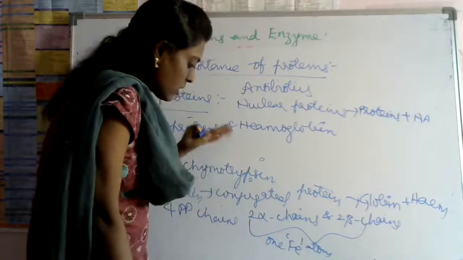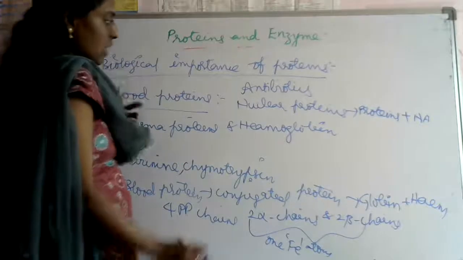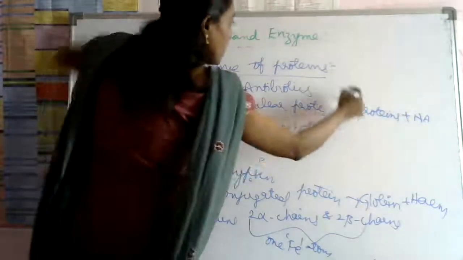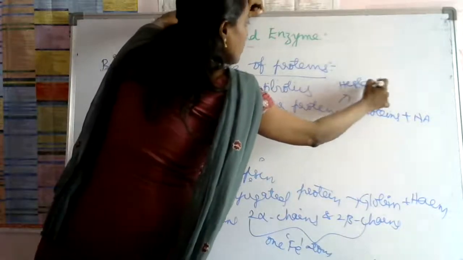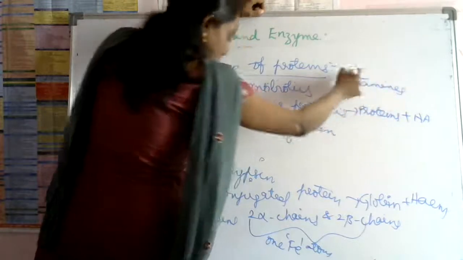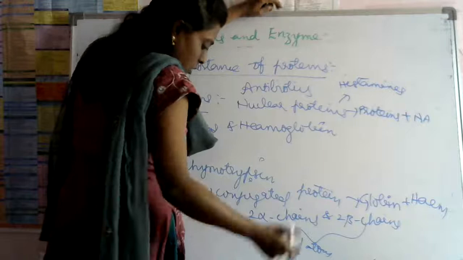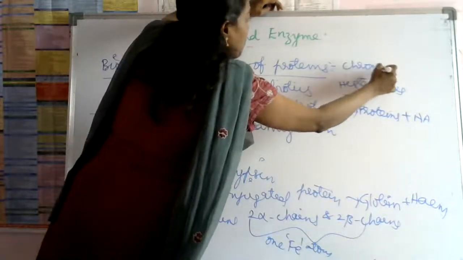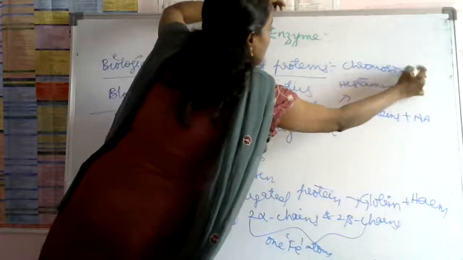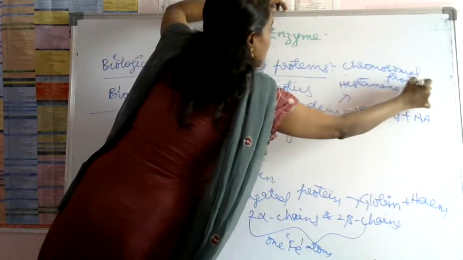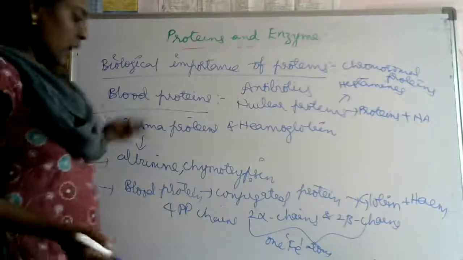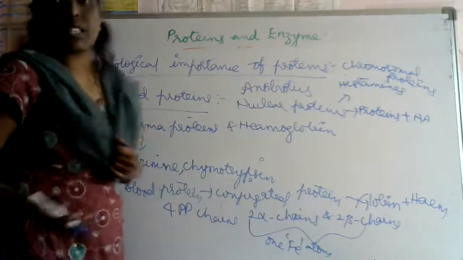Okay. So next, these proteins include histones, protamines, non-histone chromosomal proteins and all. Next, I have already explained collagen.